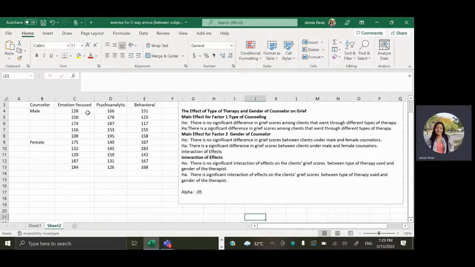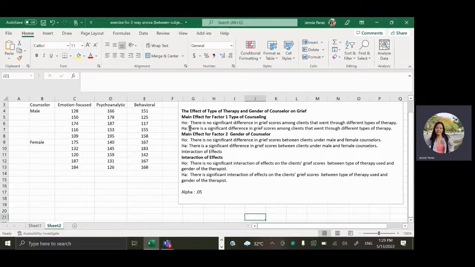So our first factor would be type of counseling, and our second factor would be the gender of the counselor. So we say in our null hypothesis for factor 1, type of counseling, that there is no significant difference in grief scores among clients that went through different types of therapy.